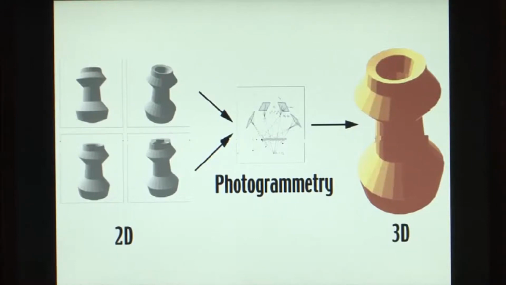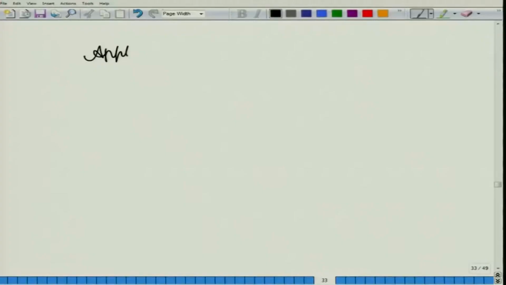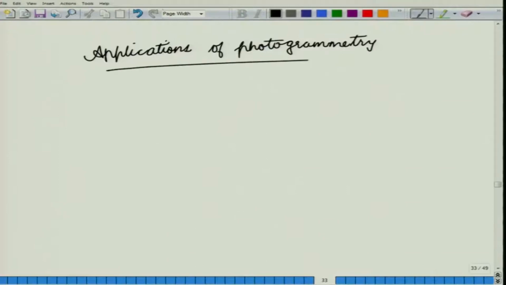Now, there are 2 applications of photogrammetry. One is called a metric application. Metric again means to measure.